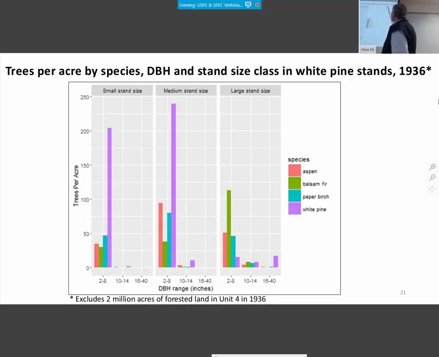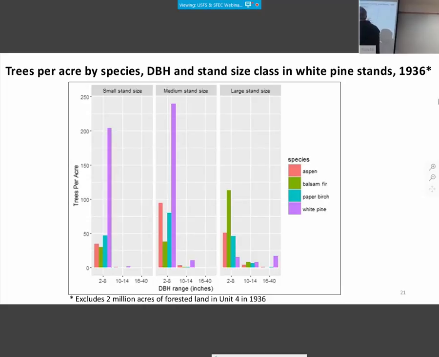This is white pine cover type. What were the species that were comprising the white pine cover type for stands of small size trees? It was mostly white pine. It's pretty obvious. This is a fairly visibly thick grove of white pine coming back.